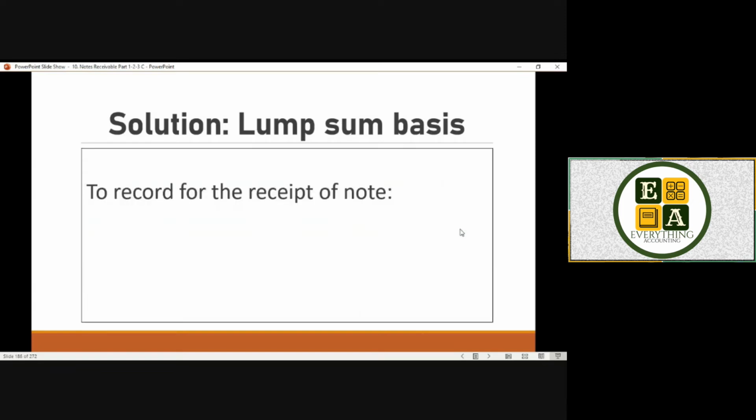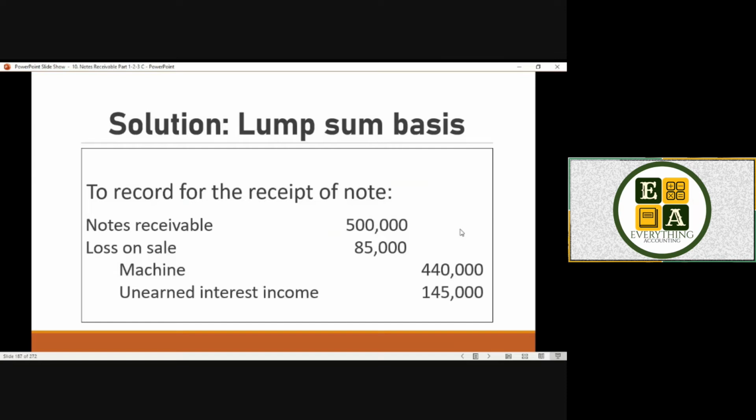So to record the receipt of the promissory note, debit notes receivable 500,000, debit loss on sale, which is the 85,000 earlier, credit machine for 440,000, and credit unearned interest income of 145,000.